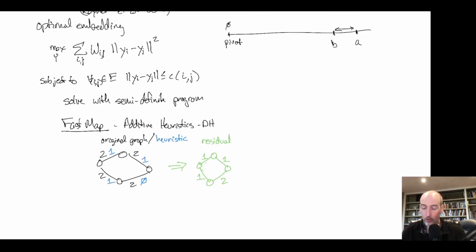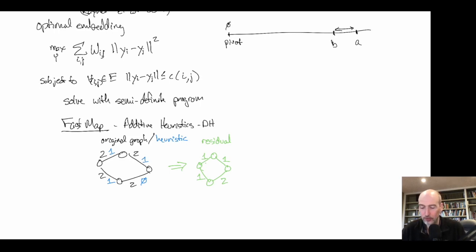Now here's a question I want to ask: what happens if I do a differential heuristic and then build this residual graph? You might want to pause the video.